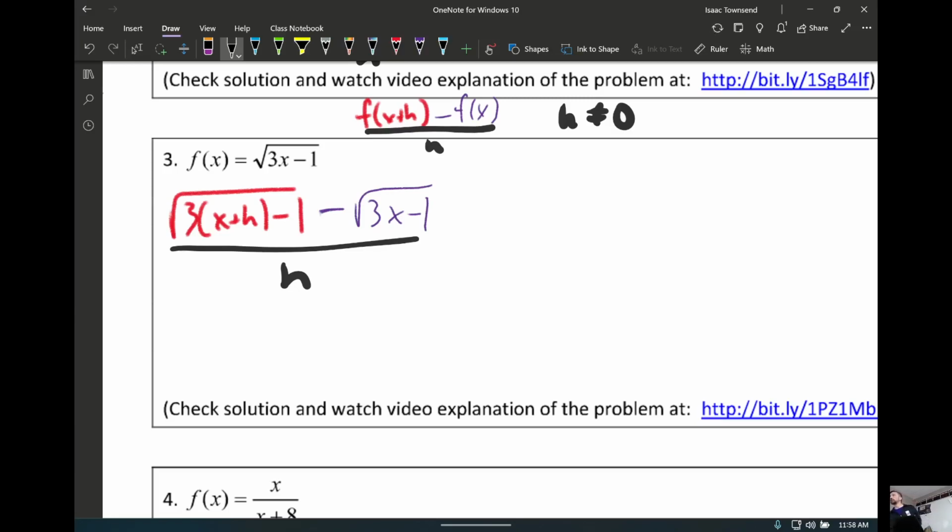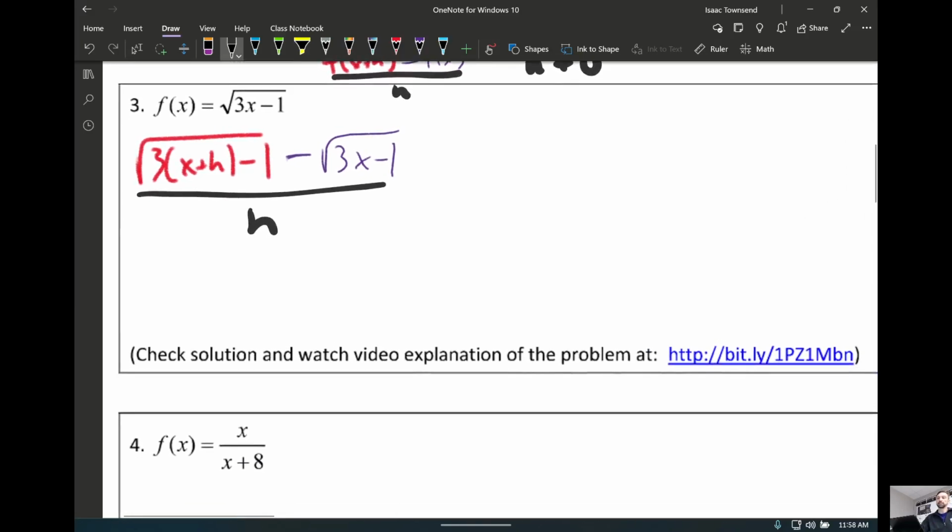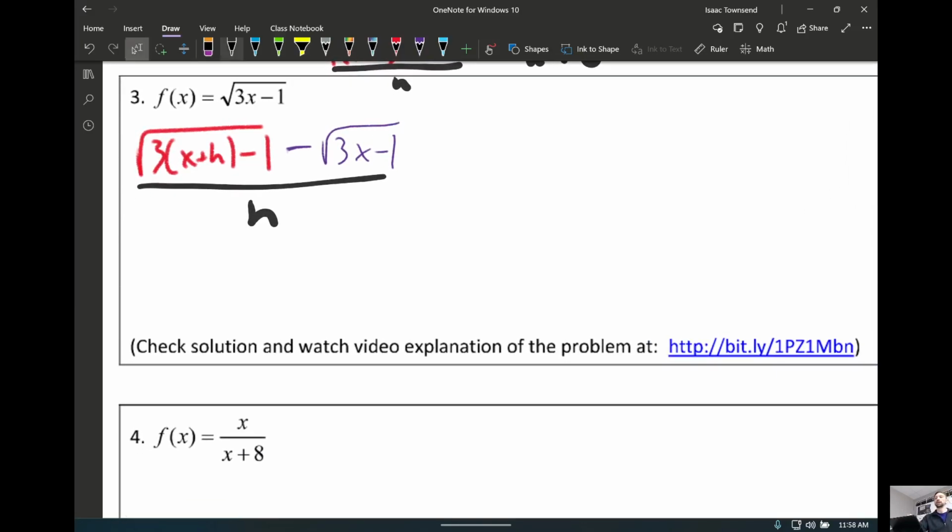Now, since this is not a polynomial, we can't just do foiling and distributing a few times and be done like we did on question 2. I guess you could distribute this 3 if you want to, but I would just wait till later if you need to. So the trick to simplify something like this is a mathematical trick that we have talked about recently.